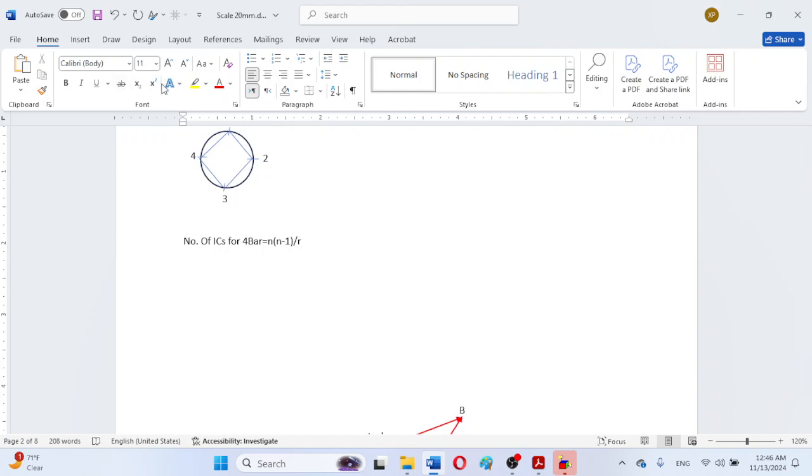The factorial symbol can simply be added like this, with the exclamation mark.